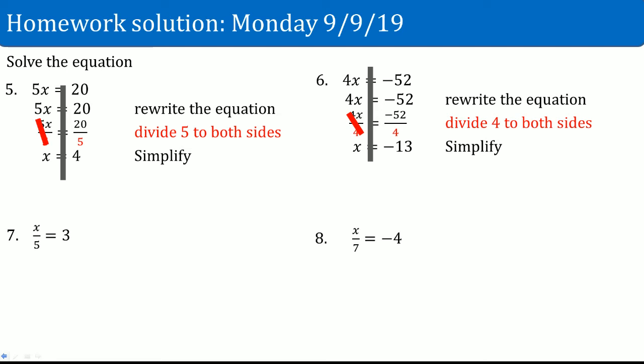Number 7. Right now, it's x divided by 5 is equal to 3. First step is always to rewrite the equation. Draw a line straight down to separate the left from the right. Right now, you have a divide by 5. You have to do the opposite of divide by 5. What is the opposite of divide by 5?